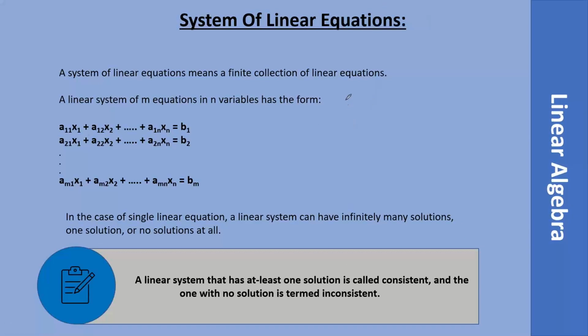For example, if I plot 2x plus 3y equals to 0, and similarly 4x plus 6y equals to 0, that will be an overlapping line. So it will have infinitely many solutions. You cannot constrict it to have one solution.